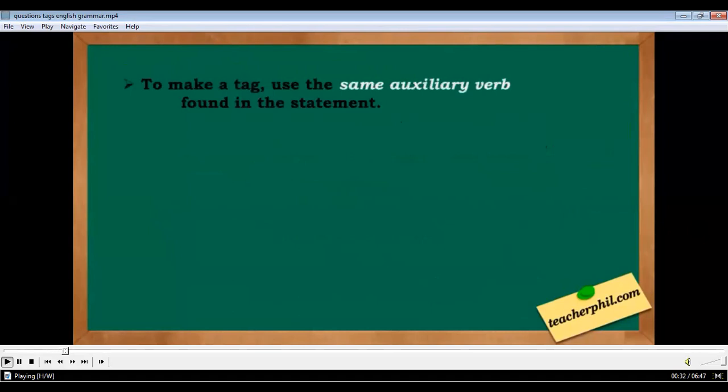There are a few rules concerning the use of tag questions. The first one, to make a tag, use the same auxiliary verb found in the statement. Second one, if there is no auxiliary verb, use do, does, and did.